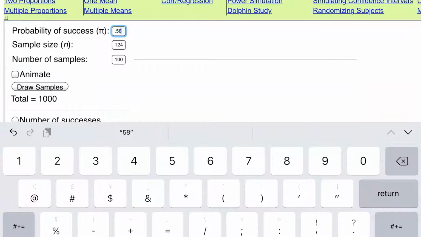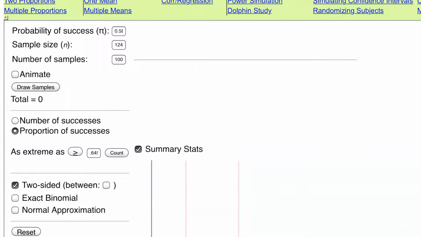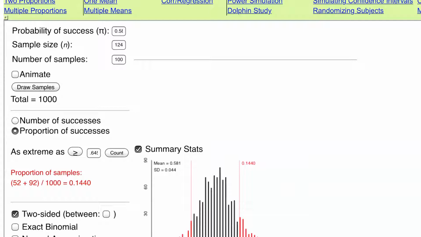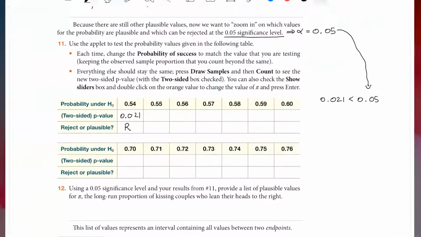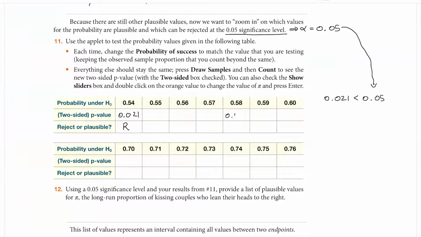Now I'm going to skip ahead and do 0.58. So I'm going to go back to the applet, and I'm going to put 0.58 in as my assumed value from the null hypothesis, and everything else stays the same.